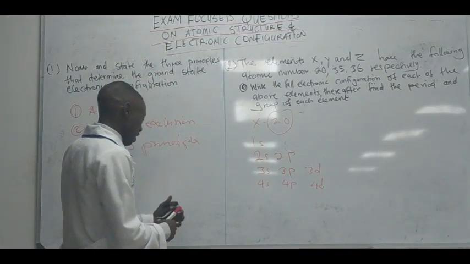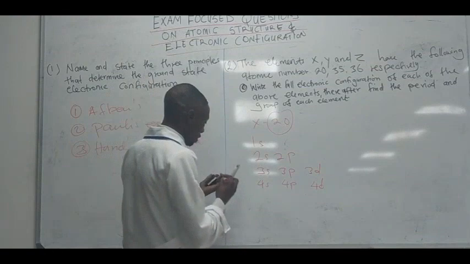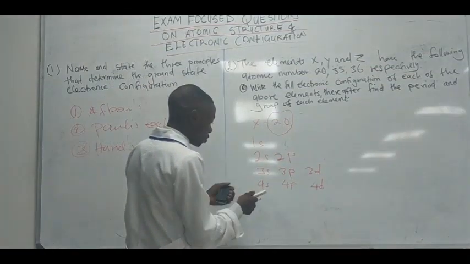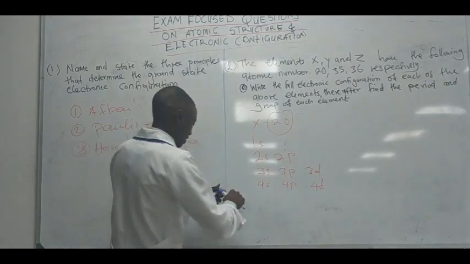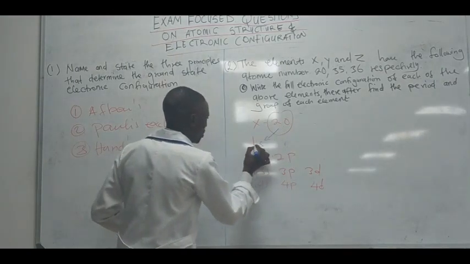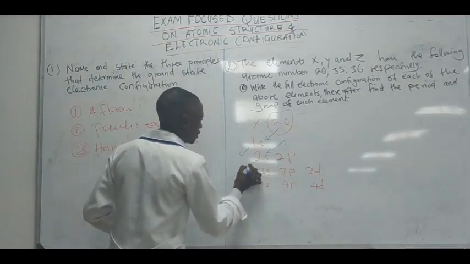As I stated earlier on, to come up with the electron configuration, you have to follow this model diagonally. So this is how you follow this principle.